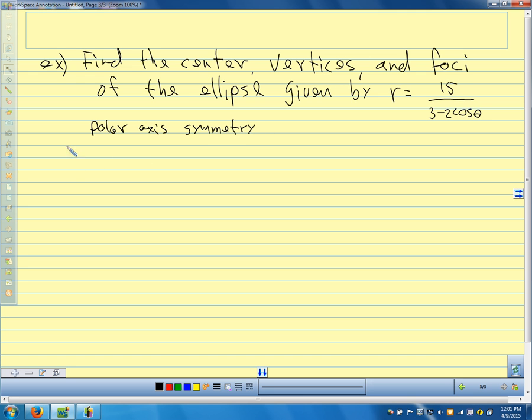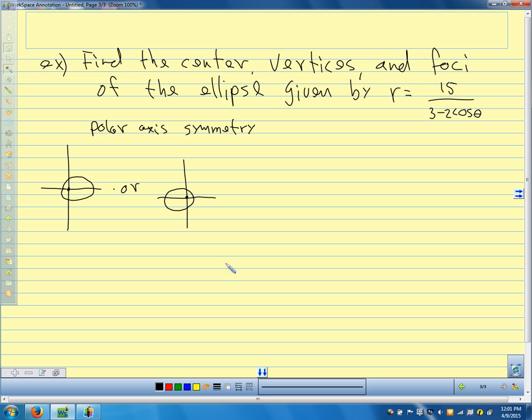So it has a horizontal major axis, so it's either going to look like this, or it could go the other way. The long side could go that way. So our ellipse is either going to look like one of those two. It has a horizontal major axis.